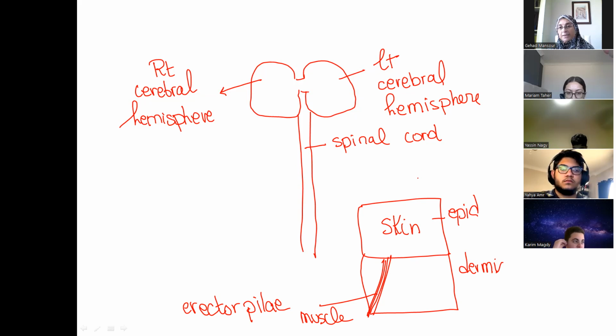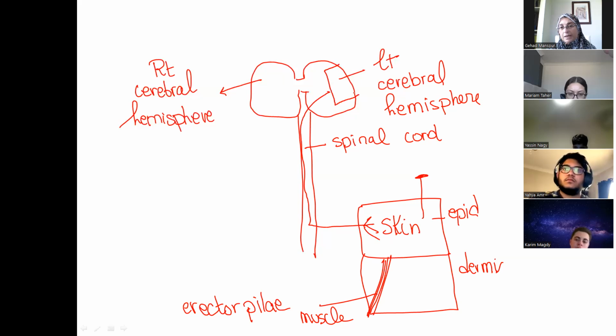فلو أنا if I get a pin, for example, and I pin prick the skin, you feel the pin pricking just because there are sensory nerve endings in the skin, and these sensory nerve endings will carry the sensation to the sensory centers in the brain.